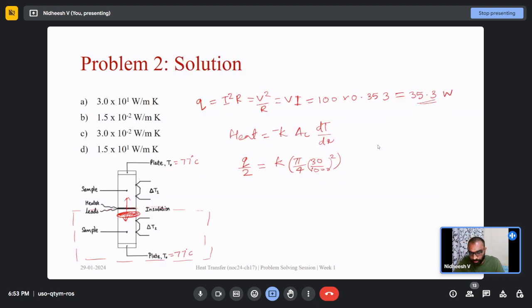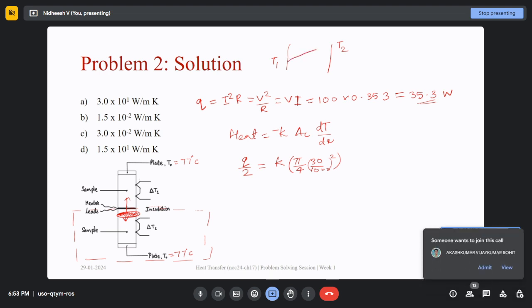Yes, you are right. We just said it would be a linear temperature profile, right? So, in steady state one-dimensional heat transfer without any heat generation, if this is T1, some value, and this is a higher temperature T2 on the right, then dt by dx would be linear.